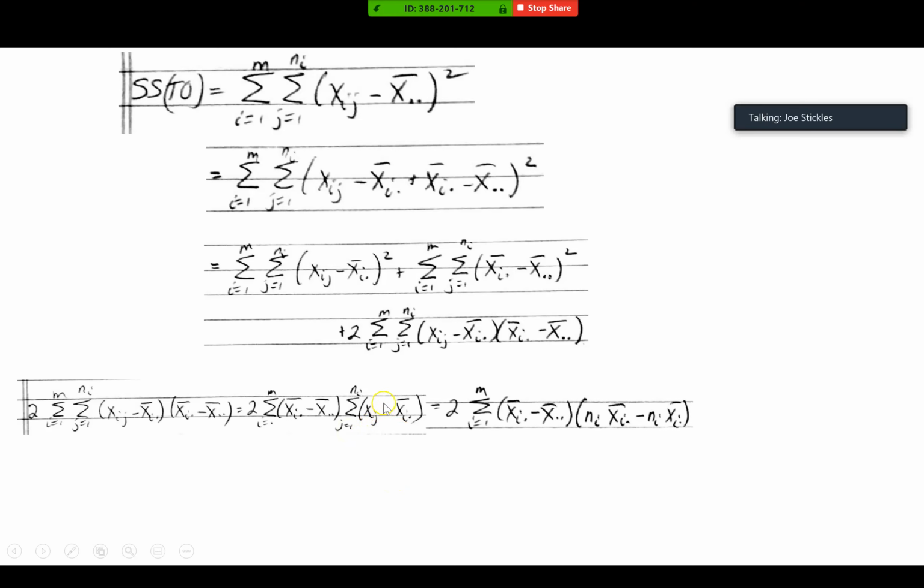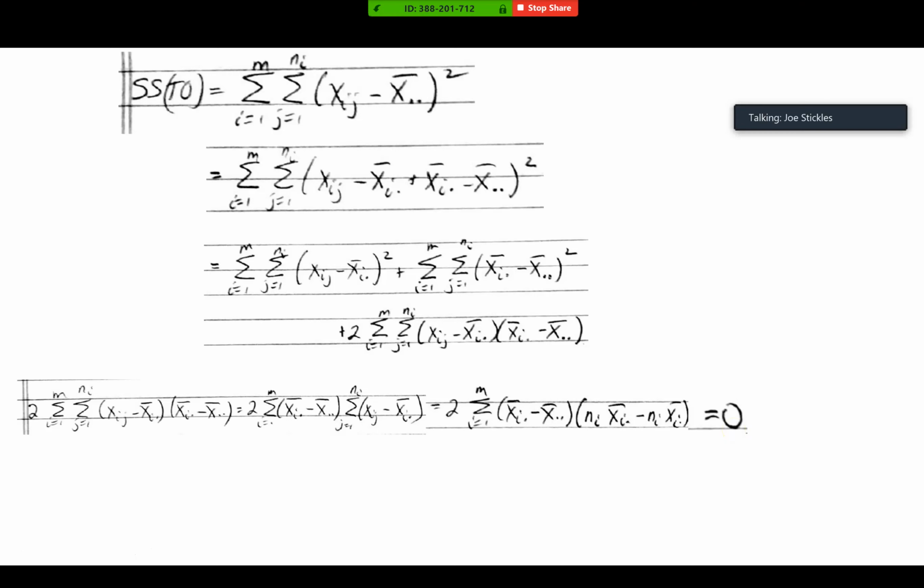I can rewrite the sum of x sub ij as n sub I times x bar sub I dot. This is how you would compute this sample mean. You would take the sum of the x sub ij's and divide. This has no j's in it, so when I add it up, n sub I times, I get n sub I times x bar sub I dot. Notice those two pieces are equal, so you get 0.